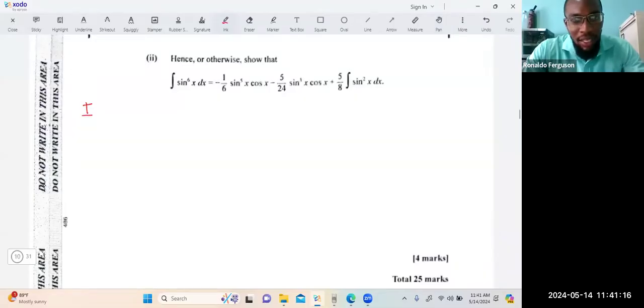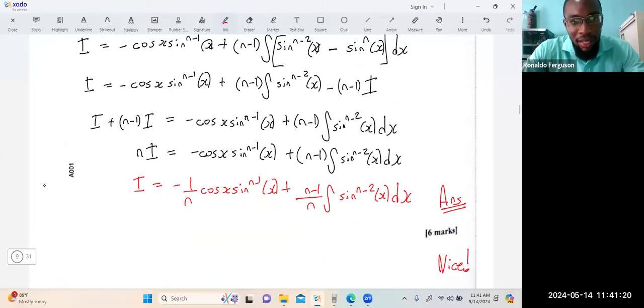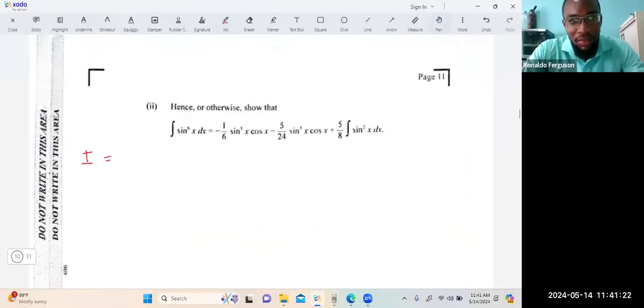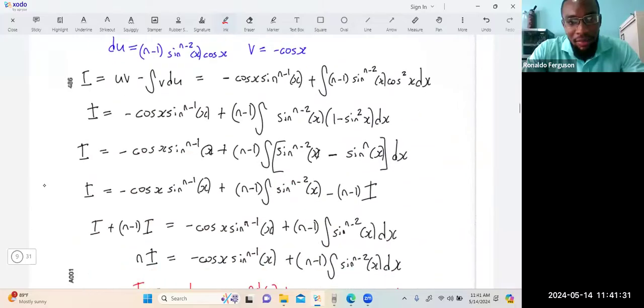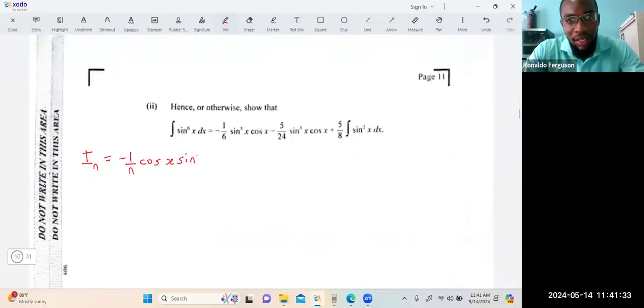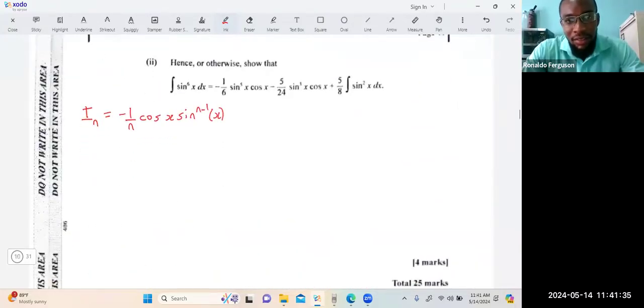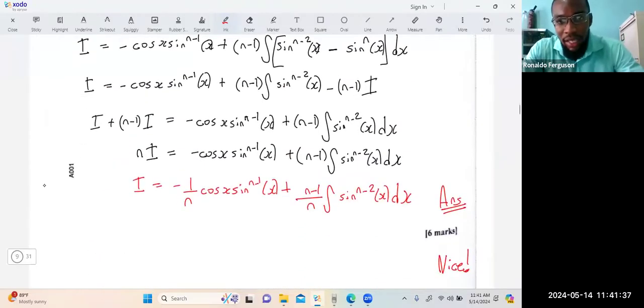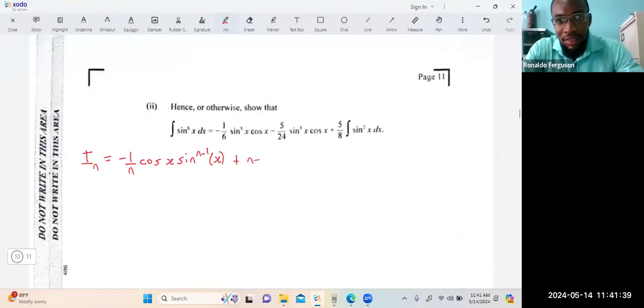I like to call it I_n: minus 1 over n cos x sine n minus 1 x, then plus n minus 1 over n integral sine to the n minus 2 x dx.